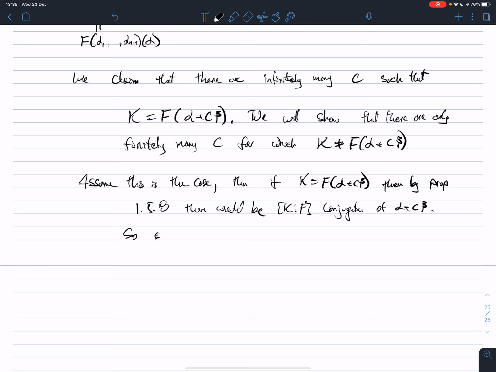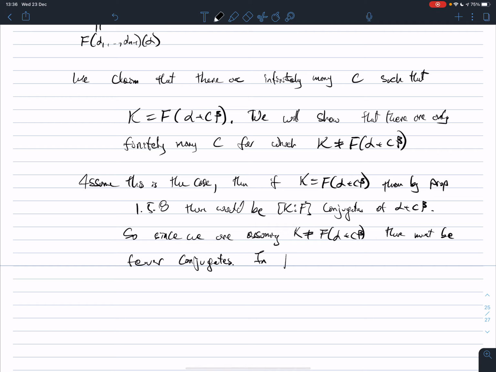So since we are assuming k is different from f of alpha plus c beta, there must be fewer conjugates.